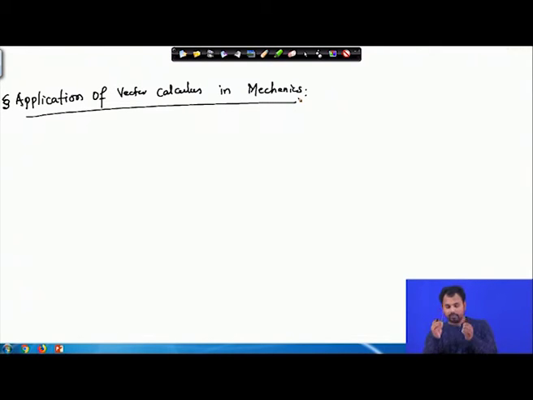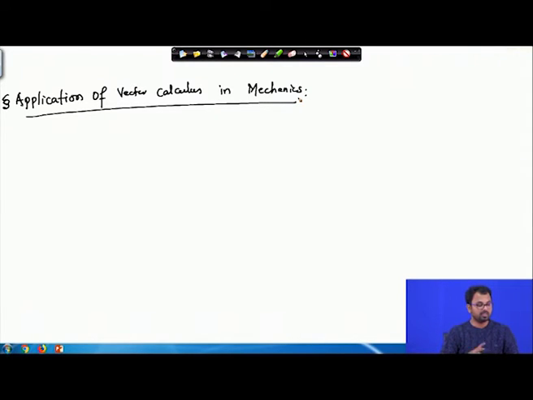So, why do we have to study the application of vector calculus in mechanics? The thing is, whenever a particle moves, it has a speed, but more precisely it has a velocity, because whenever it is moving, not only does it have a speed, it also has a direction in which it is moving. Once we talk about the direction, that is when the vector quantity comes in.